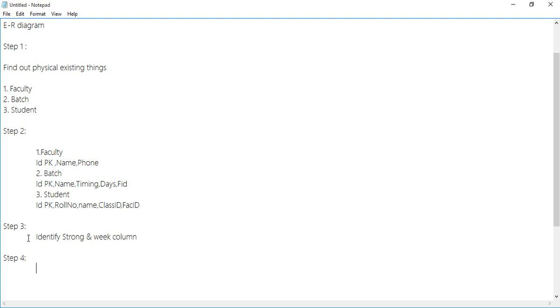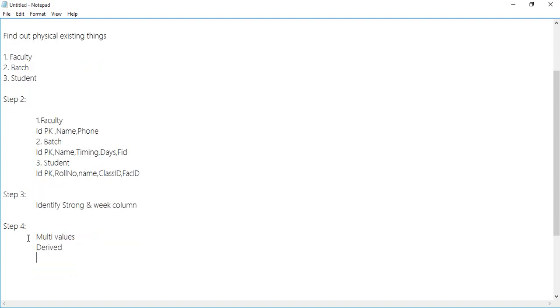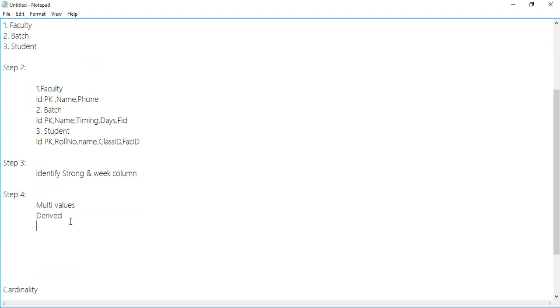Either the column is a multi-valued column, let me write here, multi-valued column, or it is a derived column, or let's say we have the key columns, that's it.